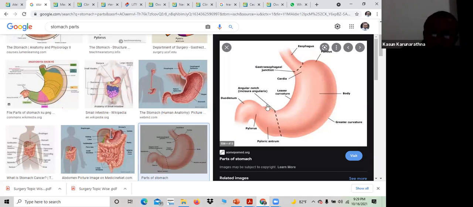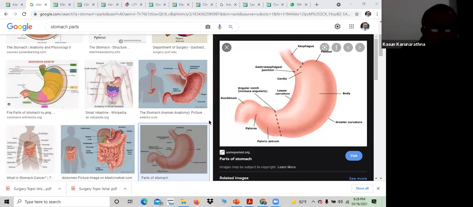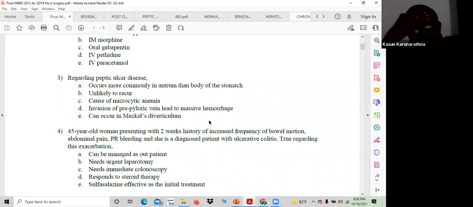This region. The lesser curvature border of the pyloric antral part and the duodenum is where you see peptic ulcers commonly. Yeah, those are the basic stuff.